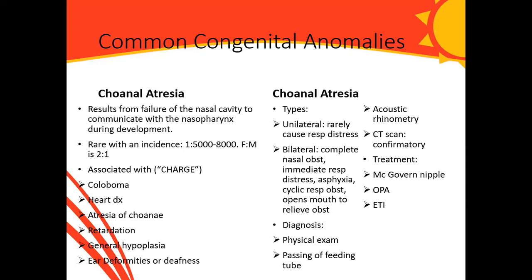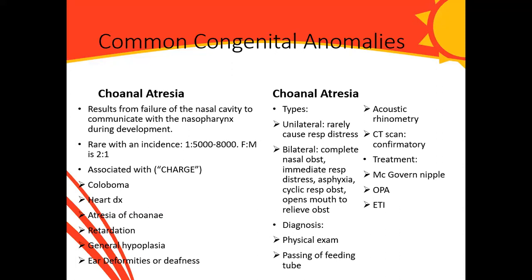It's associated with coloboma, infections, heart disease, atresia of the choanals, both of them. It's also common with retardation, general hypoplasia, and ear deformities or deafness because of the connection with the eustachian tubes.